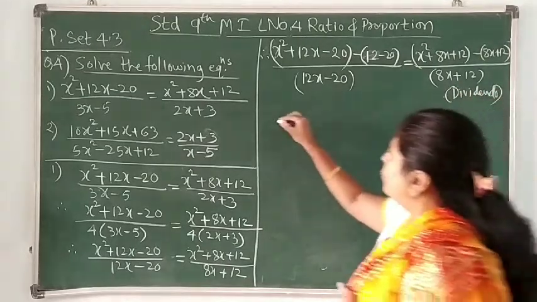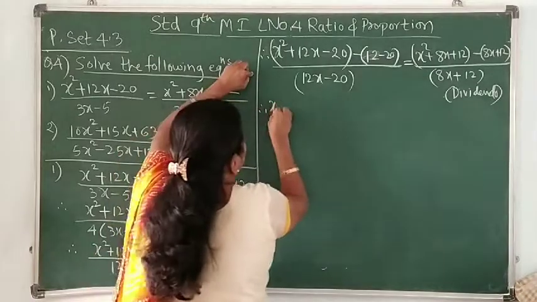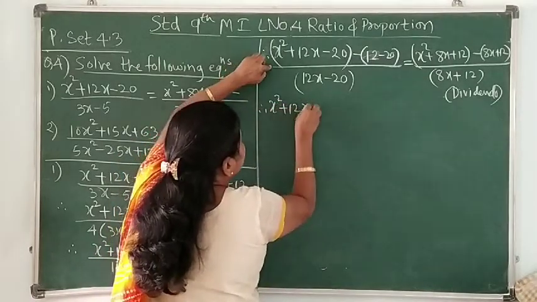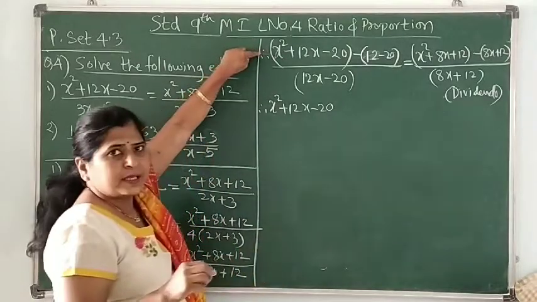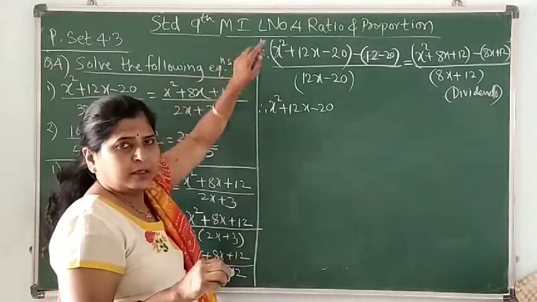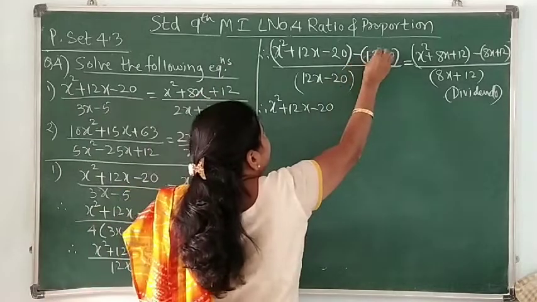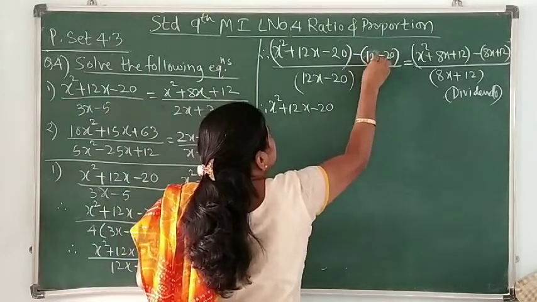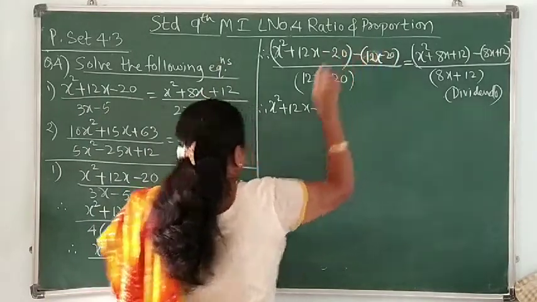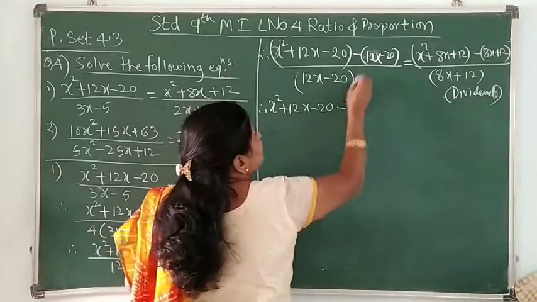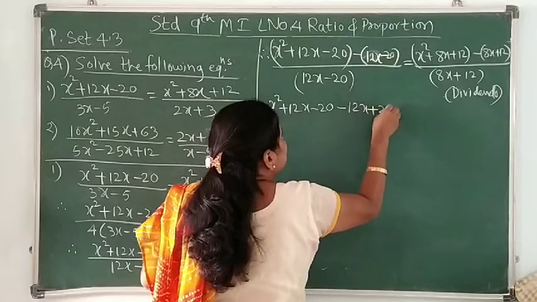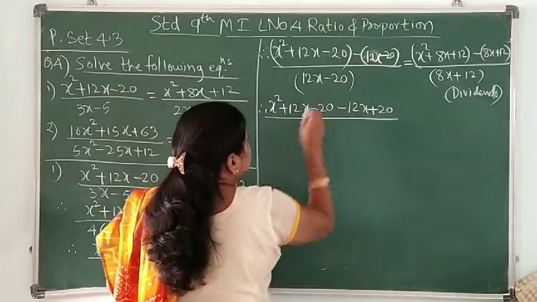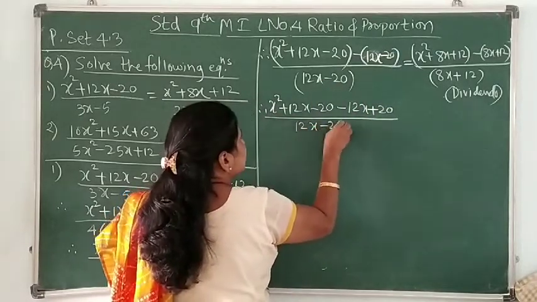Now to simplify this, x square plus 12x minus 20 stays as it is, because there is no sign or a plus sign before the bracket, no change. But here before it is a minus, so you need to change the signs. This 12x will become minus 12x and minus 20 will become plus 20, upon the denominator as it is.